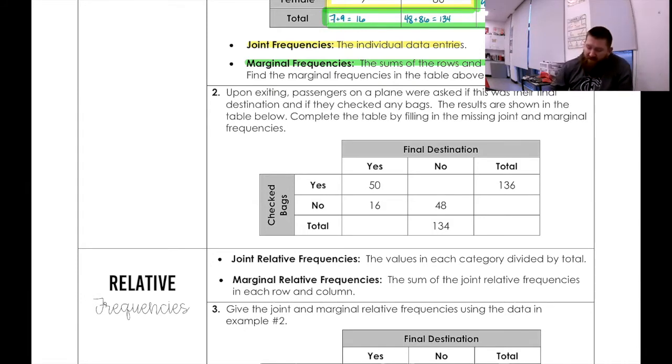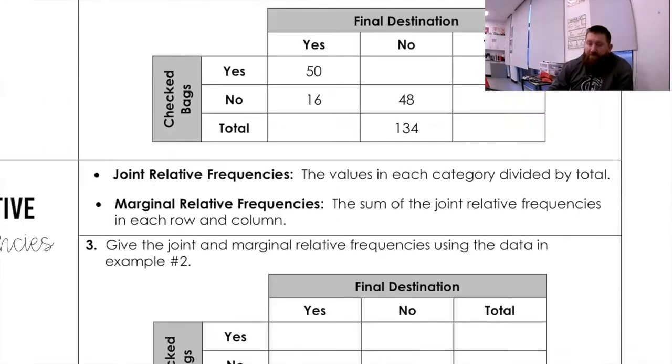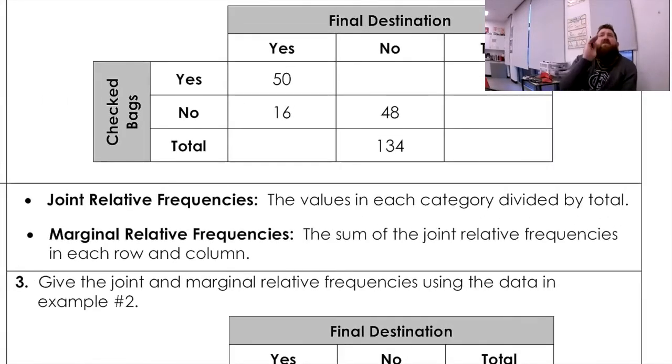So the first one I see here, I'm just going to go top to bottom, is final destination, no. That's a blank. But we have our 50 and our 136. So we can take those two numbers and get the difference, which would be our answer of 86.